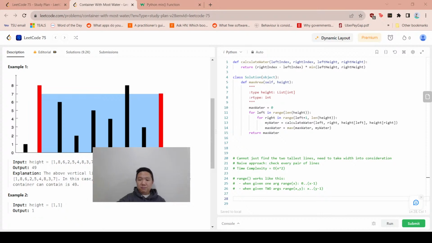So in this scenario, how will we improve?